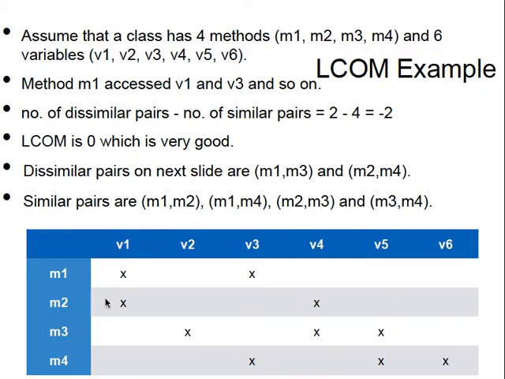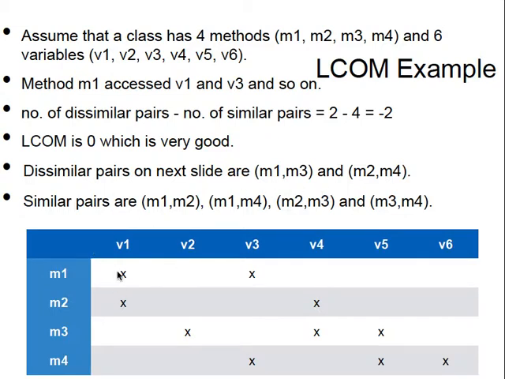Similar, right? Because they share a variable. So M1, M2 is a similar pair. M1 can pair up with 2, 3, 4, then M2 can pair up with 3, 4, and M3 can pair up with 4. So we have 3 plus 2 plus 1, a total of 6 pairs that can be formed from the methods.